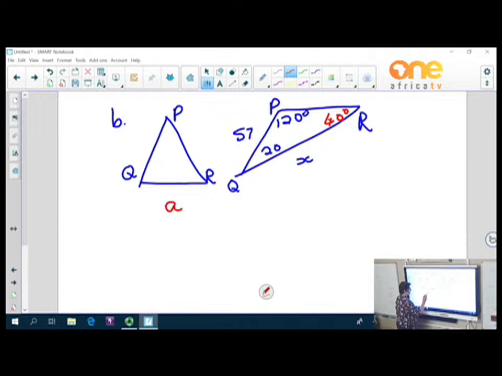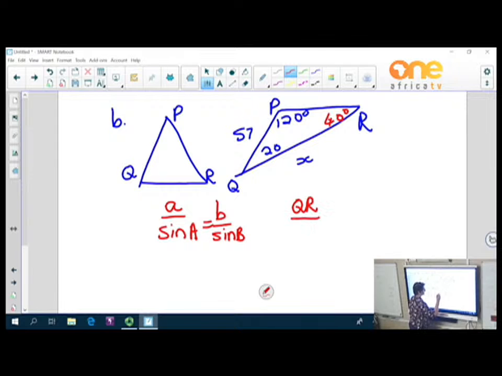Remember that sine rule says a over sine A is equal to b over sine B. So we want to calculate x or QR, and we put that one in the left-hand top. So this is now QR over sine 120 degrees is equal to 57 over sine 40 degrees.